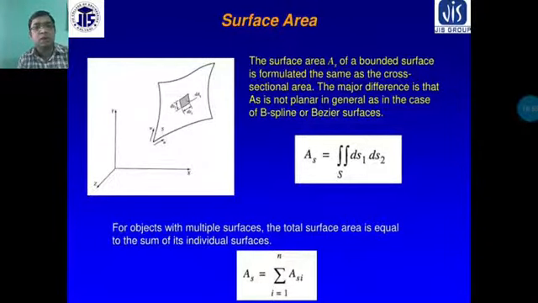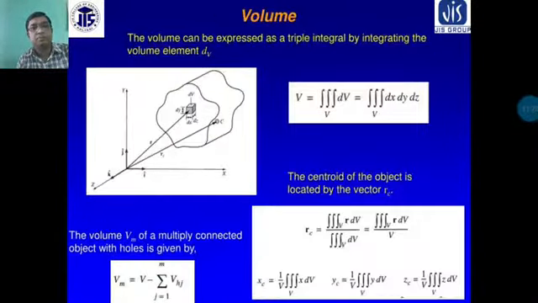That is, S equals the summation from i equals 1 to n of Ai, where Ai is calculated for the individual surfaces.